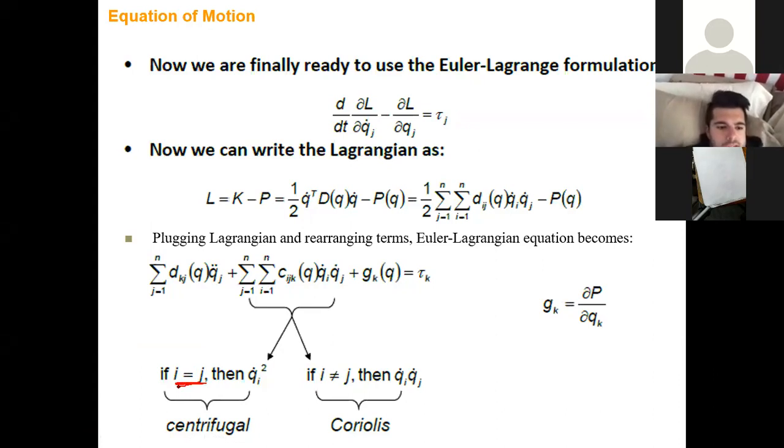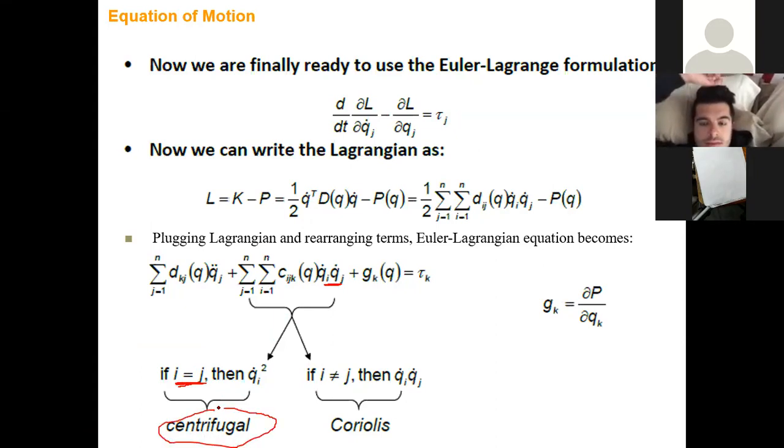When i equals j, this becomes qi dot squared. Those terms are called centrifugal terms. Otherwise, if i is not equal to j, then you have qi dot qj dot as is, and that is called the Coriolis term. They have different names depending on whether i equals j or not.